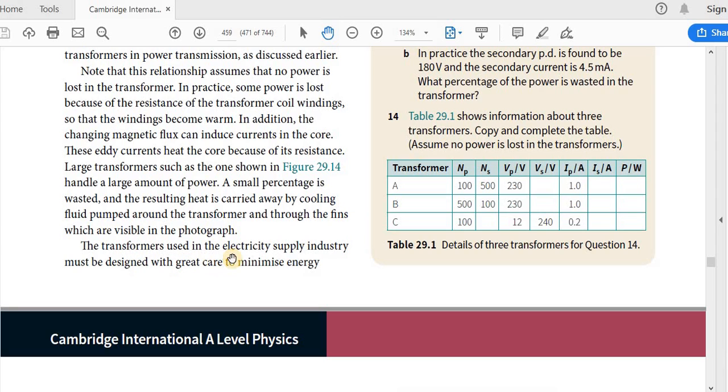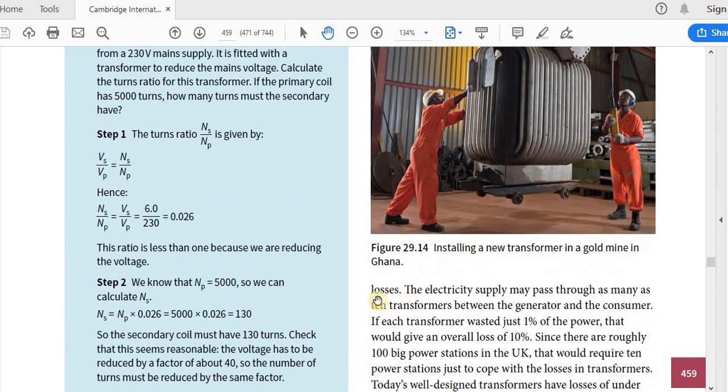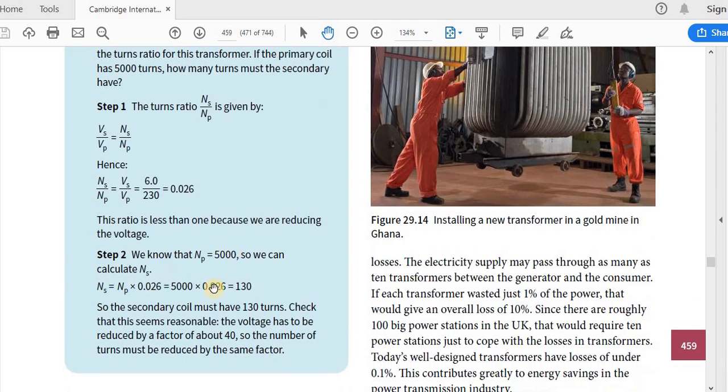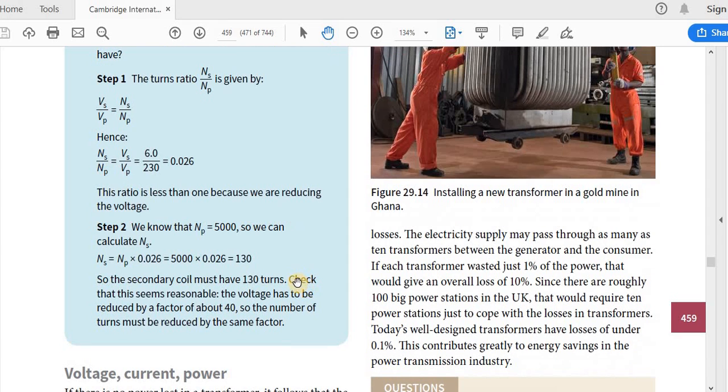The transformers used in the electricity supply industry must be designed with great care to minimize energy losses. So that's why we assume it's 100%, because they have designed it such that the loss is very little. The electricity supply may pass through as many as 10 transformers between the generator and the consumer.